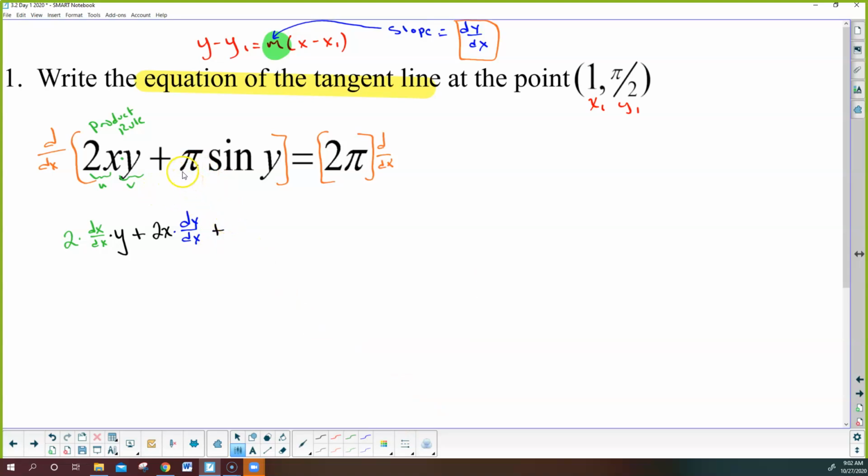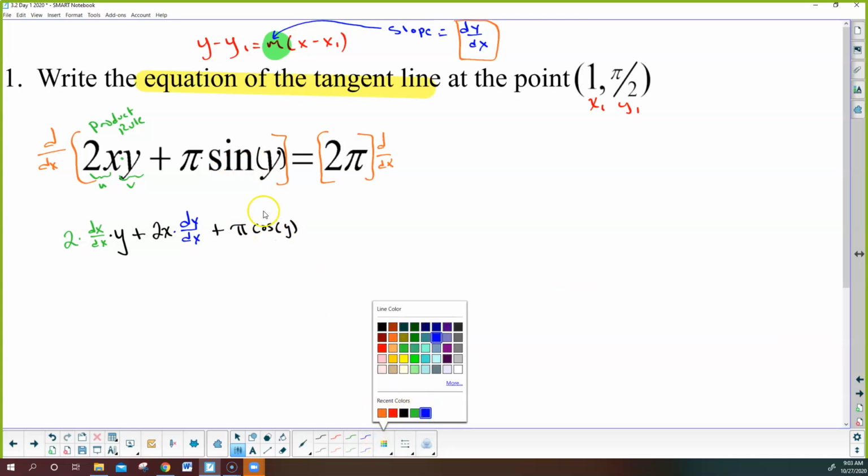And then we're going to take the derivative of pi sine y. Now pi is a constant, so that's just a multiplier. But I have a chain rule here. I've got sine, and then inside of the sine is y. So the derivative of sine is cosine. Keep the inside, we're doing a chain rule here.